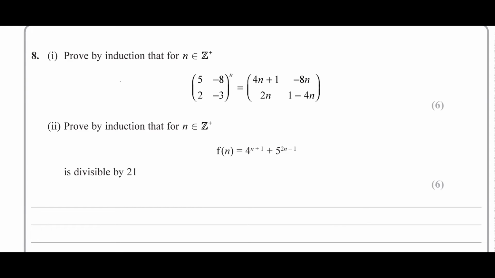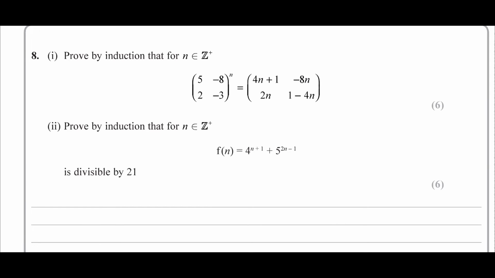Question number 8. We have to prove by induction, for n being a positive integer, that the matrix (5, -8; 2, -3) to the power of n is equal to the matrix (4n+1, -8n; 2n, 1-4n).